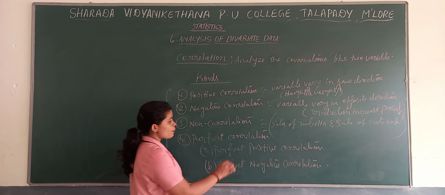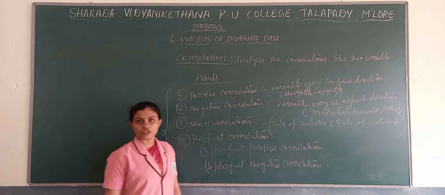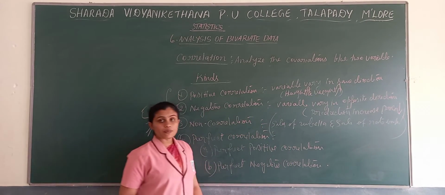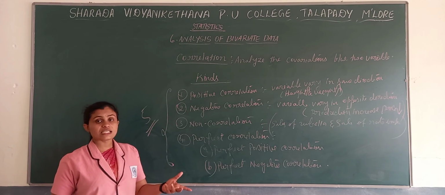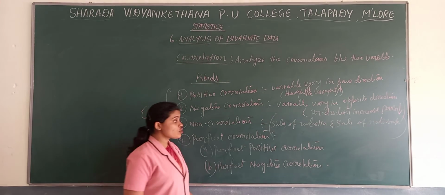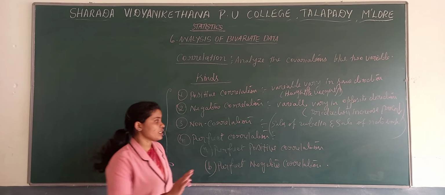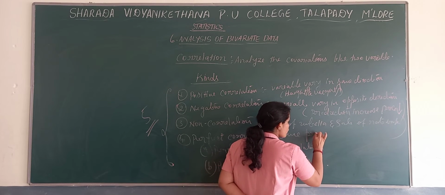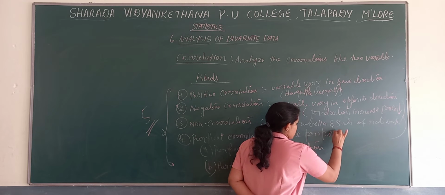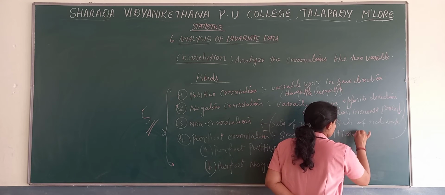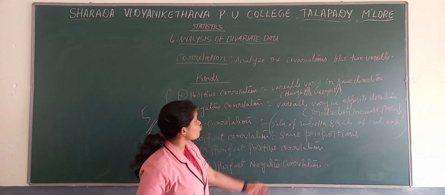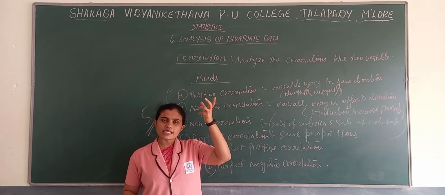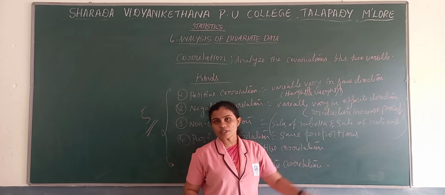Then next comes perfect correlation. What is perfect correlation? Perfect correlation means where variables vary in the same direction and also in the same proportion. Same proportion means, see, in the case of positive correlation, we can say that it moves in the same direction, like height and weight.